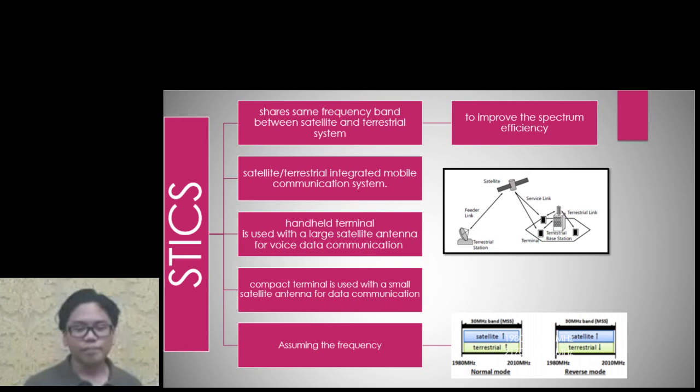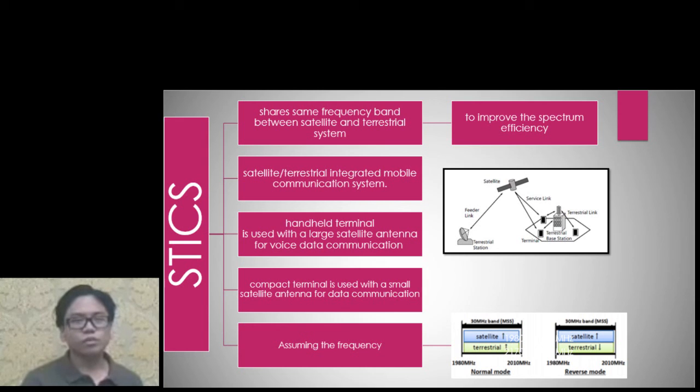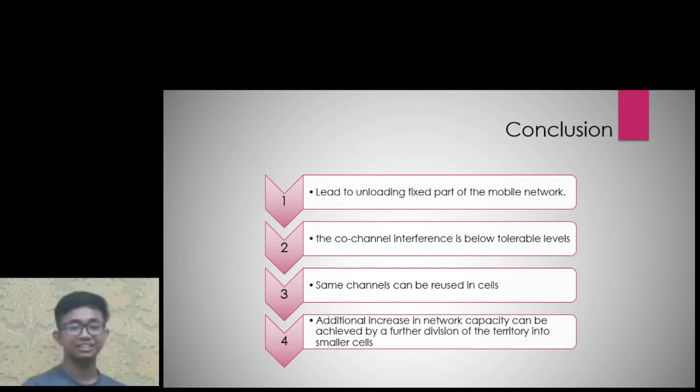In the STICS system, the frequency is assumed to be between 1980 and 2010 MHz, and also within 2170 and 2200 MHz. These two frequency allocation strategies are divided into normal mode and reverse mode. This system leads to the unloading of the fixed part of the mobile network.